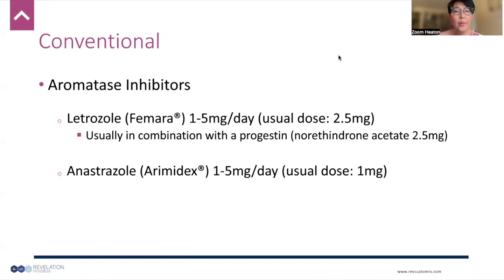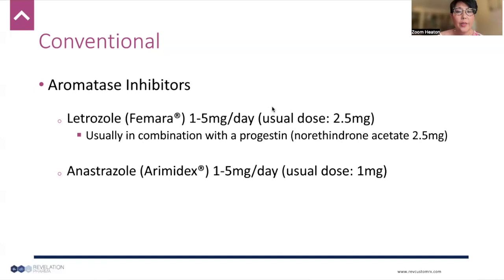So the most common aromatase inhibitors used are letrozole or Femara. Usual dose is 2.5 milligrams, and it's usually in combination with a progestin like norethindrone, 2.5 milligrams. You also have anastrozole or Arimidex. Usual dose is 1 milligram.